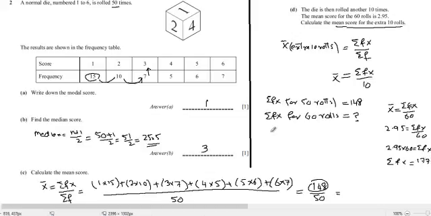So summation f of x for the extra 10 rolls will be 177, which is for 60 rolls, minus 148 for 50 rolls. So when you subtract these two, you will get 29. This is summation f of x for 10 rolls. We can write it here for 10 rolls. Now what we need here is to simply put the value of summation f of x for 10 rolls, which is 29. 29 divided by 10, you will get 2.9. Hope you understand this.